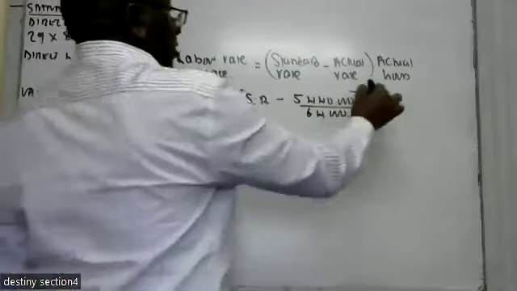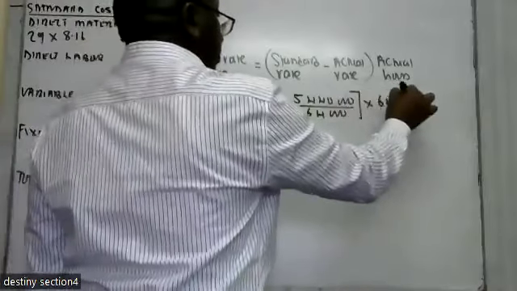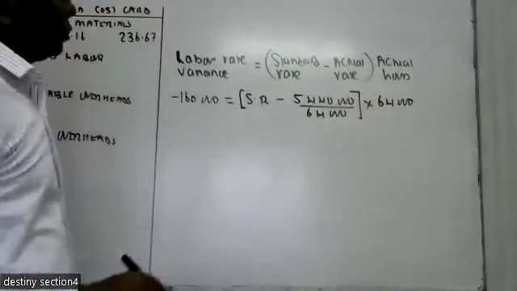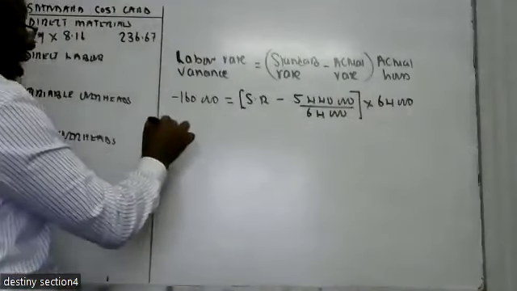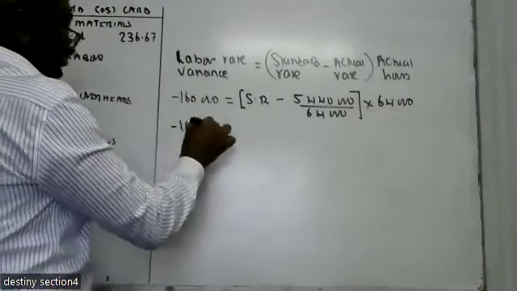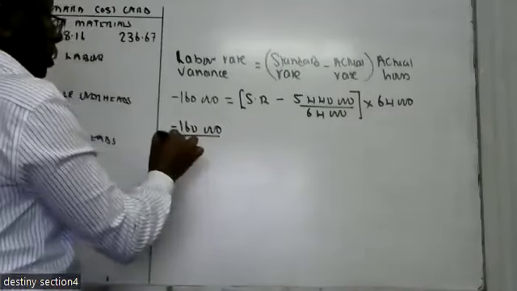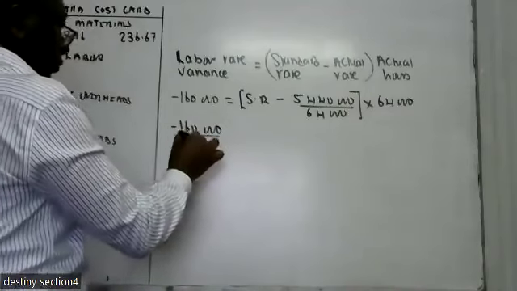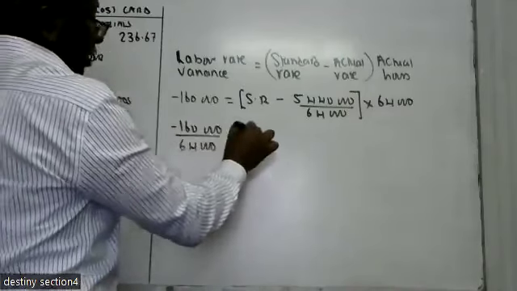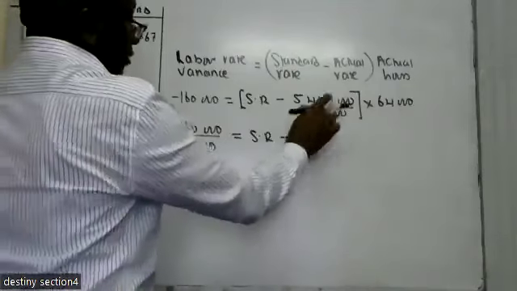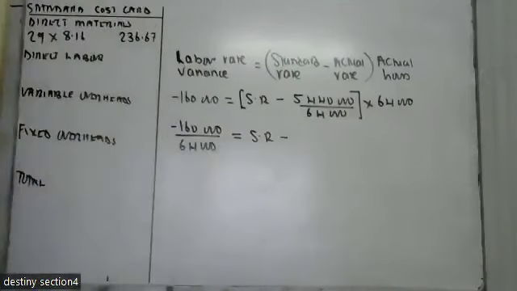The actual hours are 64,000. So in solving, I have minus 160,000 divided by 64,000 is SR minus 85.